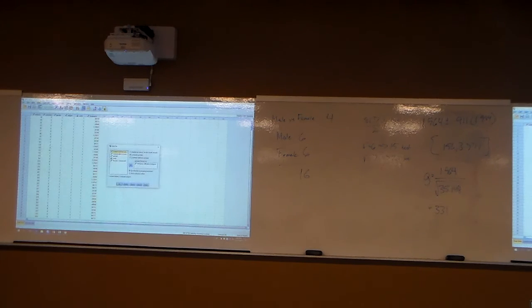So what we want to do here is go to Data, Split File. Now by gender, I'm going to organize by output just to separate this up a little bit. I'm going to hit OK. And now I'm going to go to Analyze and conduct a one-way ANOVA model for conservatism across religious affiliation, and ask for descriptives, homogeneity, Welch, continue.